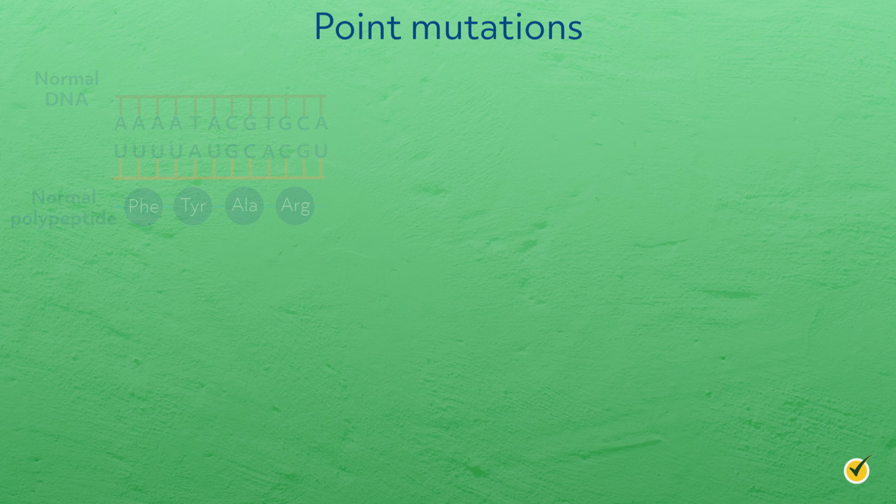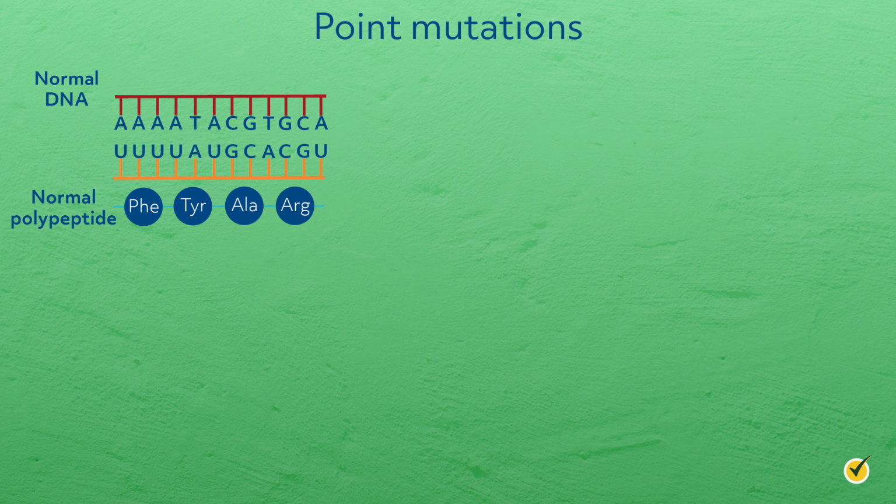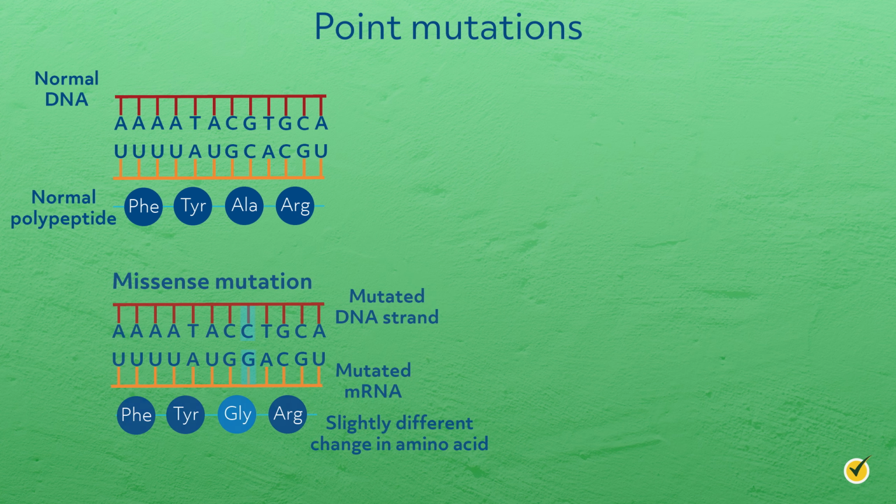Mutations can change the DNA sequence in a variety of ways. In a point mutation, a single nucleotide is changed, which can lead to other mutations later on, such as a missense or nonsense mutation. A missense mutation is a point mutation where one amino acid is replaced with another as a result of the single base change, which could lead to disease.